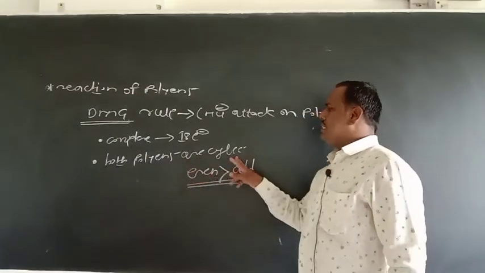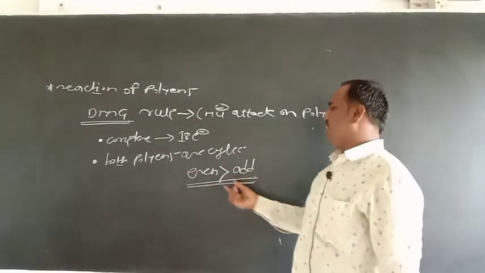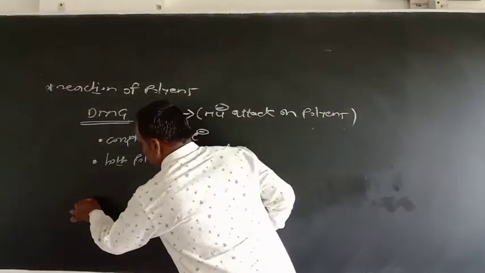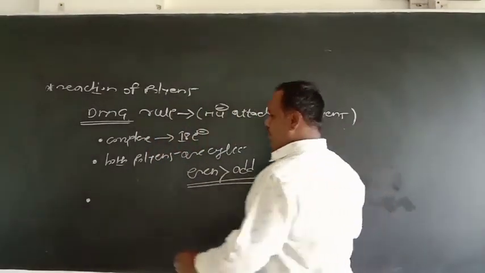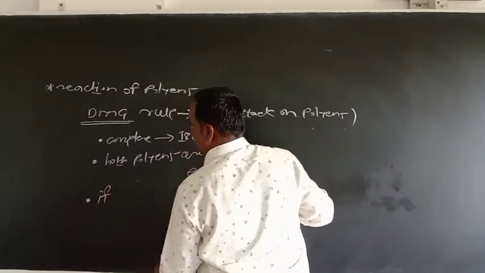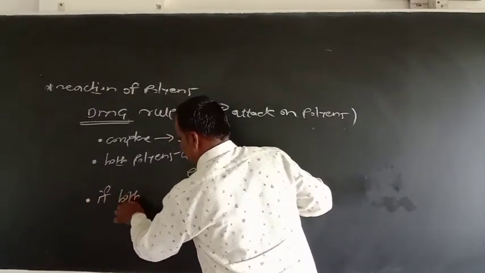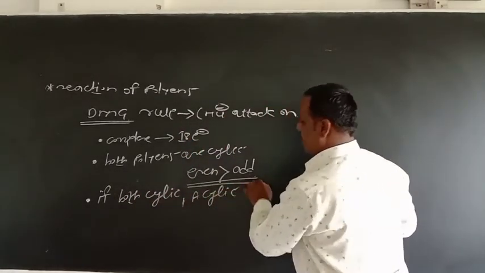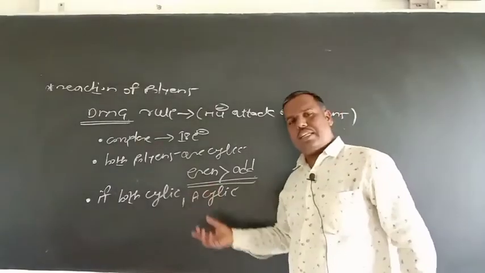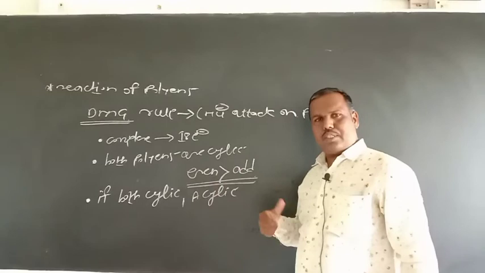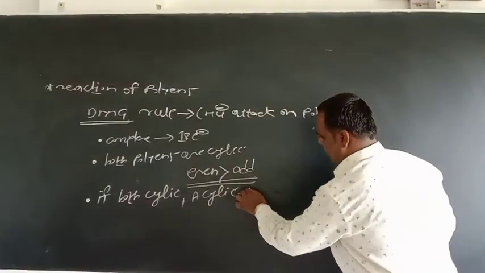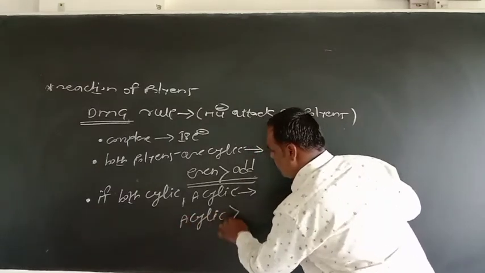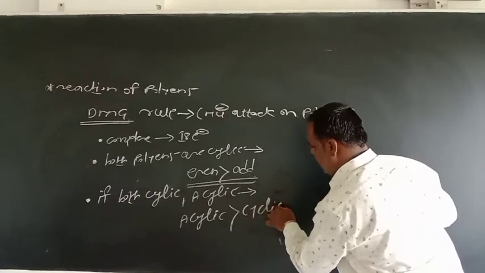If both polyenes are cyclic, then in this case even polyenes are preferred for nucleophilic attack. Then the next rule is that if both cyclic and acyclic polyenes are present, the metal atom is attached to a cyclic polyene as well as an acyclic polyene, then in this case the acyclic polyene will be preferred for nucleophilic attack than the cyclic polyene.